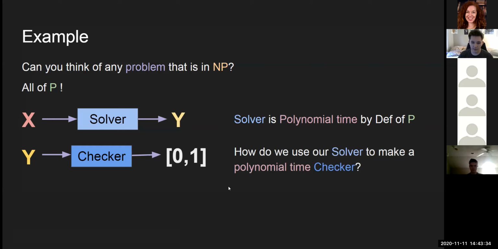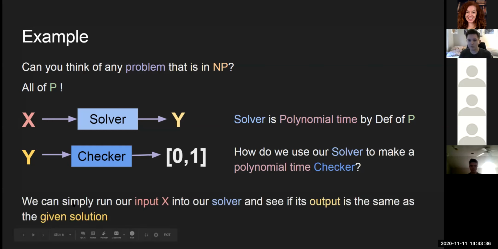And then the question becomes, how do we use this solver that we know exists to make a checker? And it is actually very simple. We just put our input into the solver, we get an output, and then we check if it is the same as the solution that we were given. And if it was, then we say that's good. There are ways that we can formulate the problems to get around having multiple solutions and all of this.